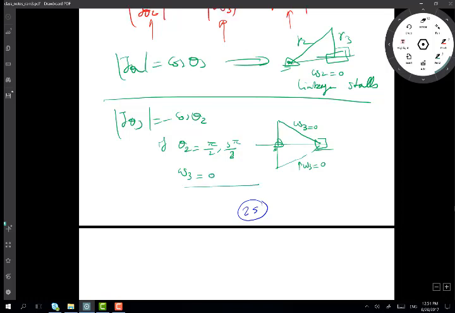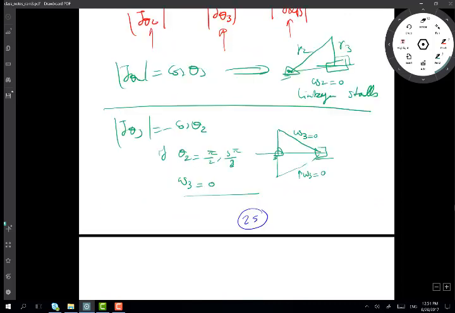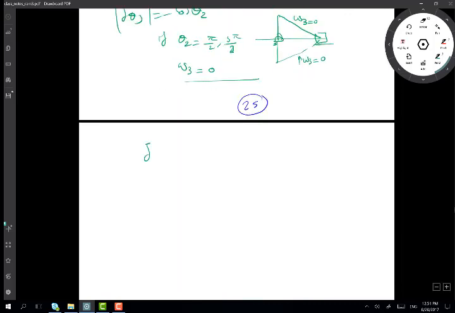This makes sense. What about the other one, JXB, for this slider here? It is sine of theta 3 minus theta 2. That is equal to 0 if theta 3 and theta 2 are equal, or if the difference between them is 180, and this will happen when the crank is horizontal like that.